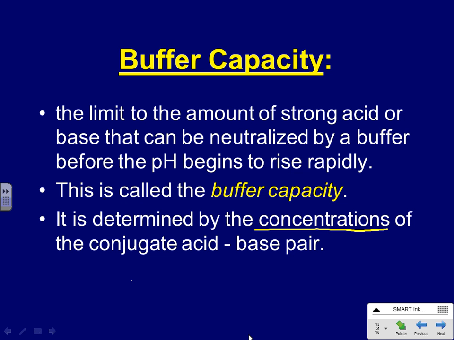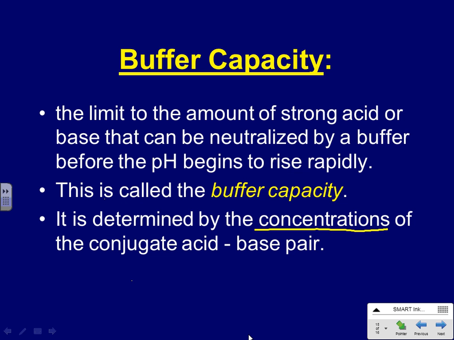But if I were to ask the question, what is the buffer capacity, it would be different for the bigger number than for the smaller number, right? So if you had more of the base, it would have more capacity to handle strong acid. Now you won't have to worry about that, but that would be the case, right? It would have more capacity on one side than the other.